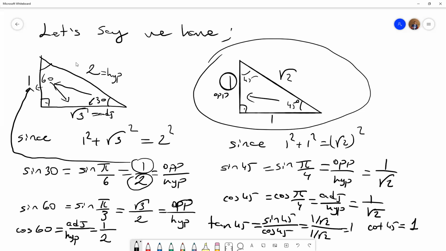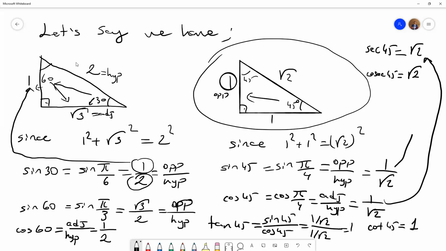And finally, we can also write secant 45 and cosecant 45. You know that secant 45 is 1 over cosine, so it is easily understandable that it is square root 2. And cosecant 45 degrees is also square root 2 from 1 over sine 45 degrees.